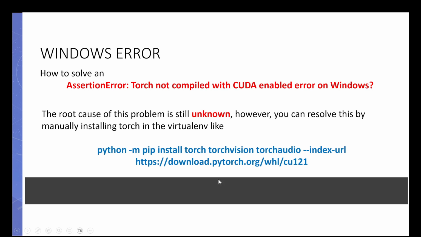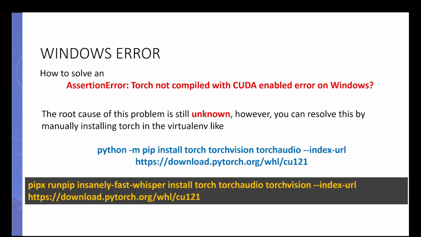But I also provide another variant of that solution by using pipx runpip. So basically this is the command pipx, and then you say runpip on this specific virtual environment, which is insanely fast Whisper, and then you install Torch, Torch Audio, and Torch Vision inside that specific virtual environment, and you should be up and running.